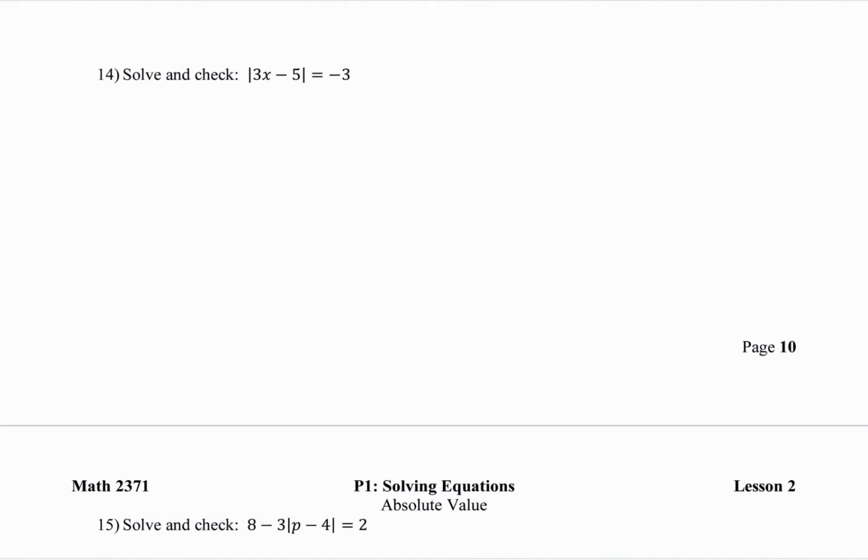Now, this one is really kind of interesting. What is the answer of an absolute value problem? It is always a positive number. So can I say that the absolute value is equal to a negative number? No. The absolute value of 3x minus 5 is always positive. Right?